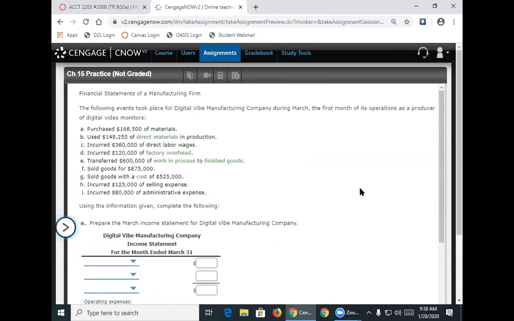So the difference in manufacturing as opposed to merchandising is we have 3 inventory accounts, okay? We're going to have raw materials, we're going to have our work in process, and we're going to have finished goods.